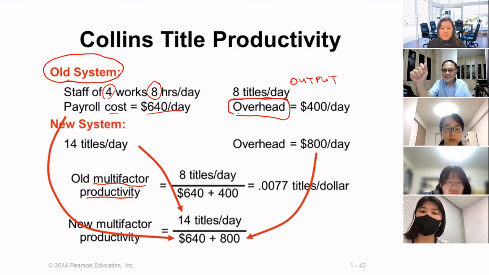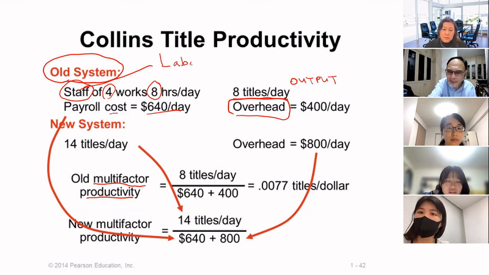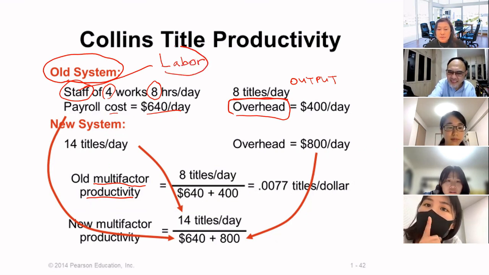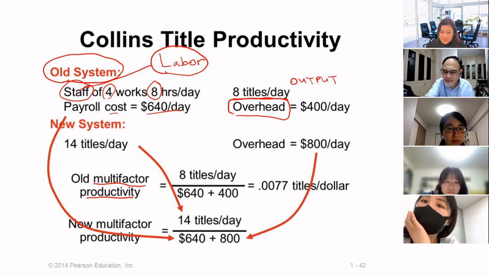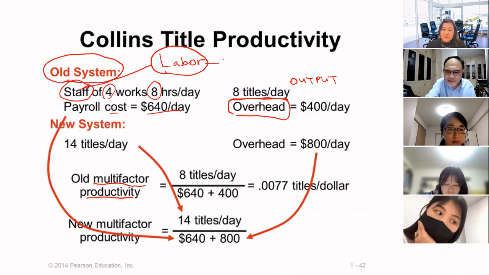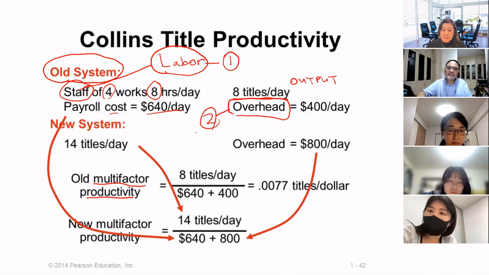The first factor is staff, which is labor. Labor is people. So this is my first factor, and overhead is my second factor.